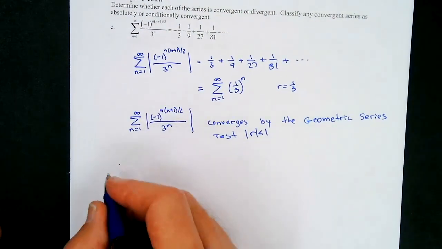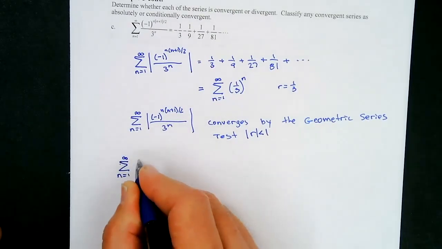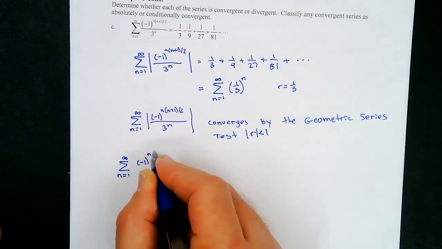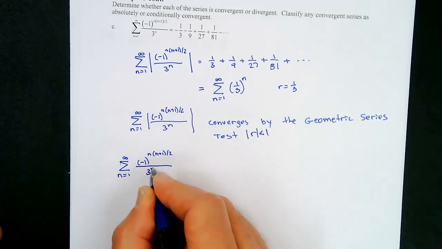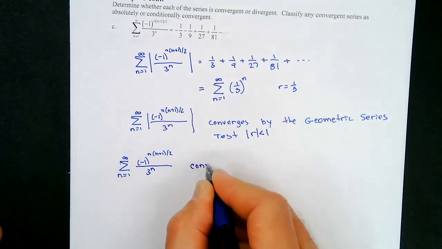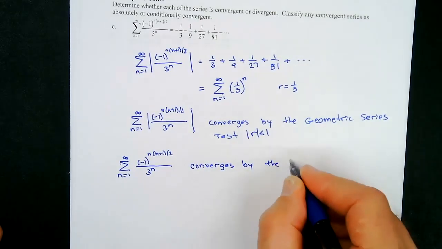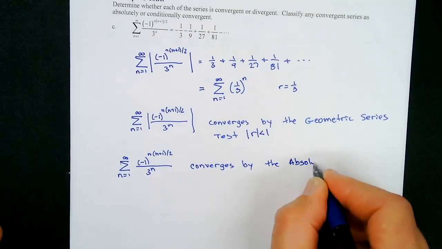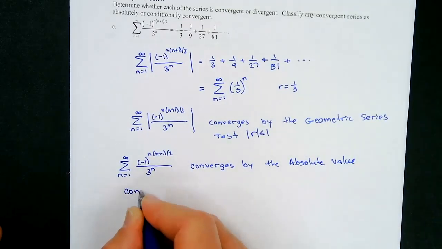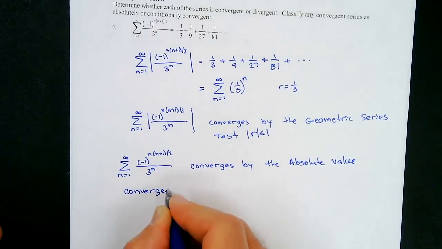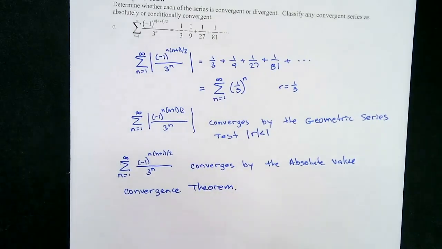So because that one converges, now we know that the sum from n equals 1 to infinity of -1 raised to the n times n plus 1 divided by 2, over 3 to the n power, converges by the absolute value convergence theorem. That theorem says that that one's going to converge.